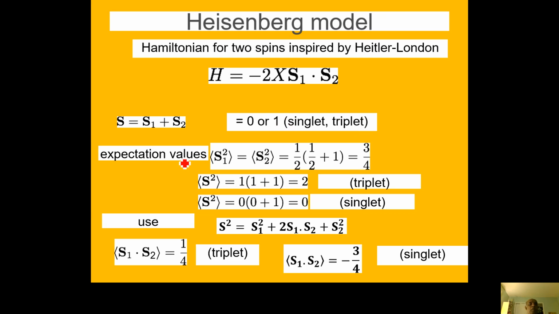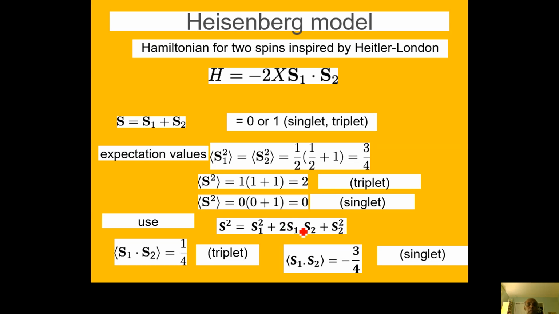Now if you want to calculate the expectation values, we need to calculate this spin interaction, S1 dot S2. That's what we are interested in, right? We know how to calculate it. If S is S1 plus S2 and you square this, you get S squared equals S1 squared plus 2 S1 dot S2 plus S2 squared.